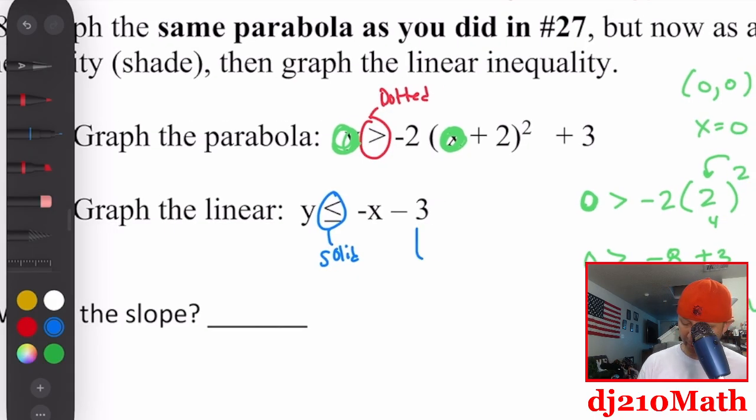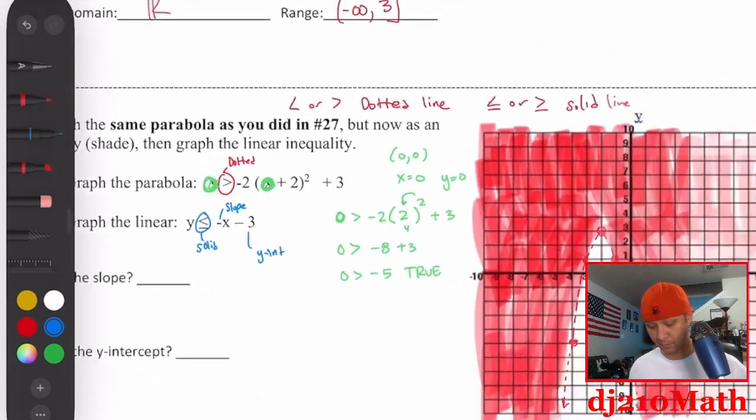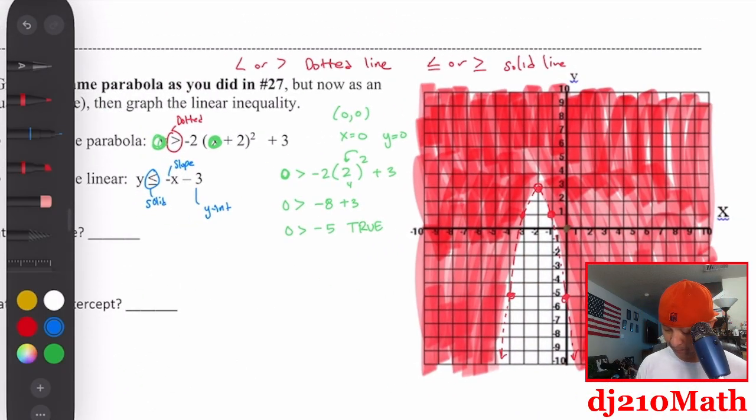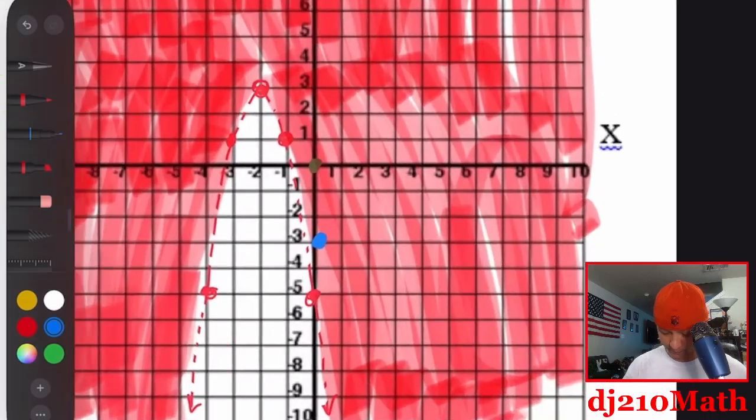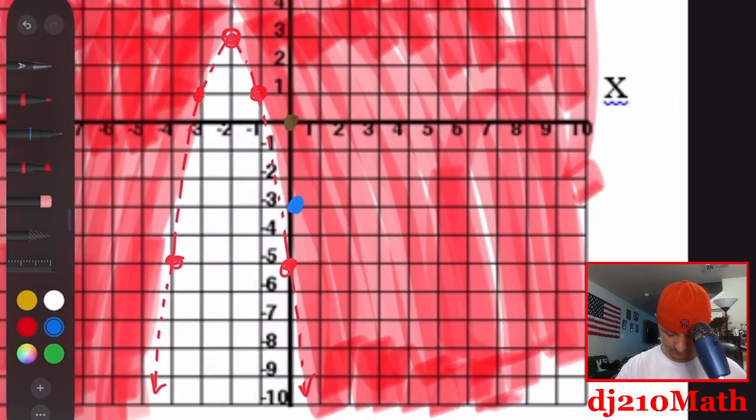Okay, the y-intercept and then the slope. So it's going to cross at -3. y equals -3, which is just outside of the quadratic. And then down 1, right 1, and keep the pattern going in the other direction.